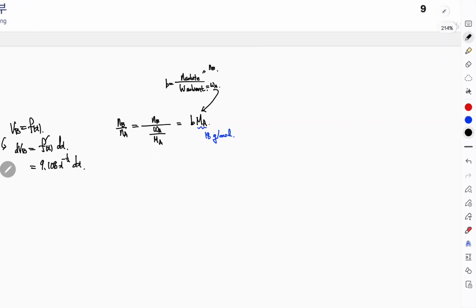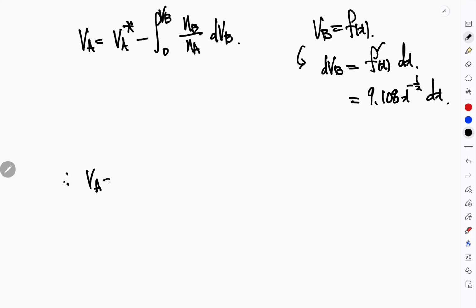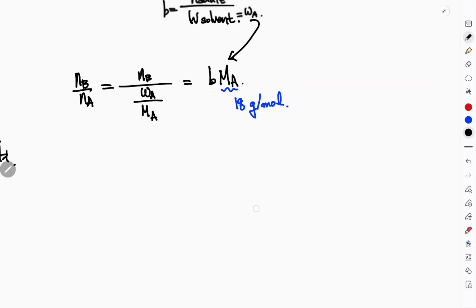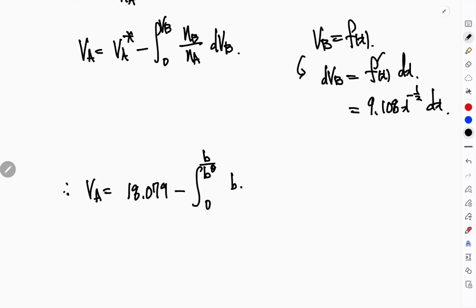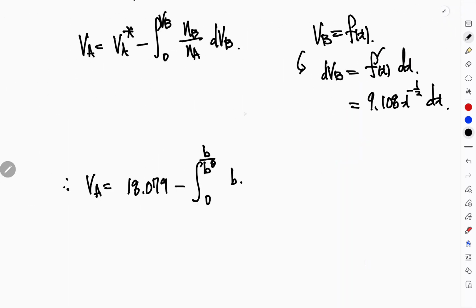We are going to integrate from 0 to x, so dVB also should be changed to x. And nB over nA is b MA.